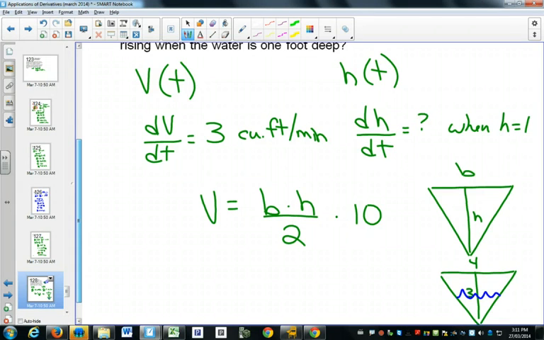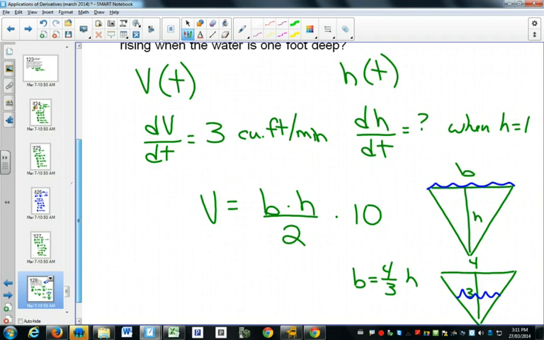But this water level here would be right here, right? There is a connection between the two. They're similar triangles. How are the height and the base related? The base is 4/3 of the height.